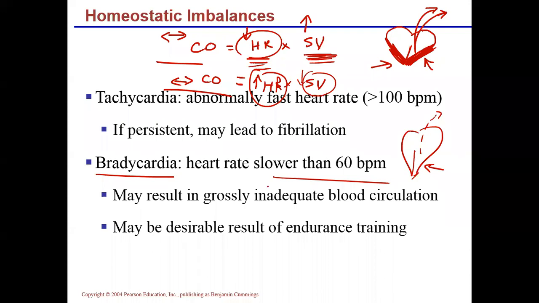So bradycardia is a heart rate slower than 60, but we're not really talking about endurance training or athletes. In general, when the heart rate is slow, this unfortunately is going to have an effect in here.